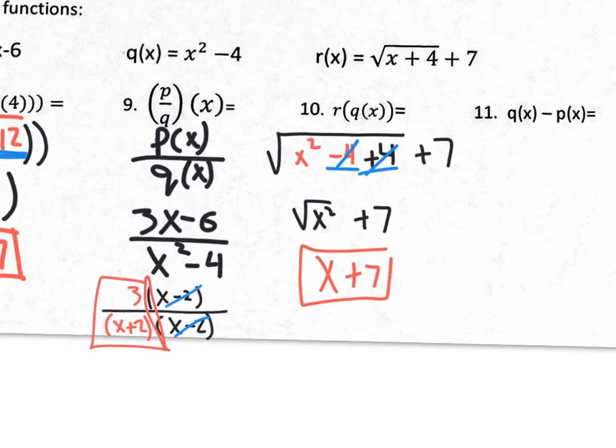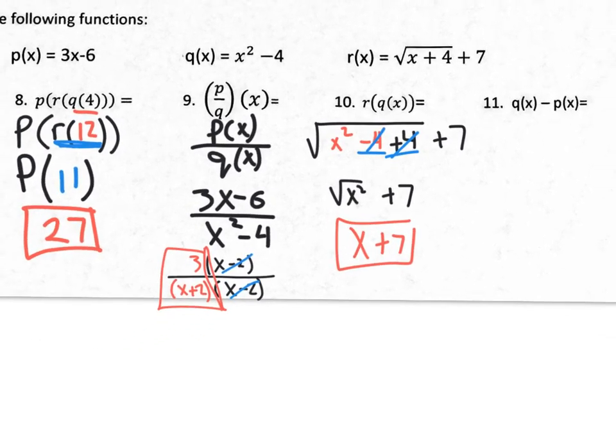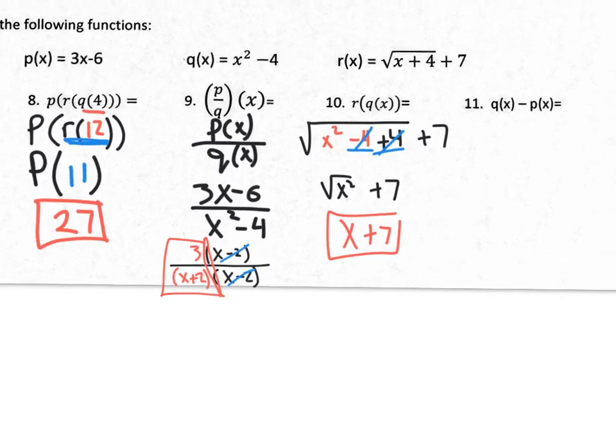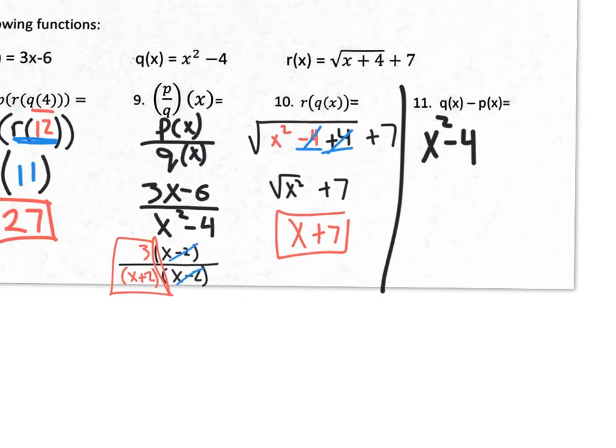And number 11 says q of x minus p of x. So that one's the easiest one, I think. Q of x is simply x squared minus 4. And p of x is 3x minus 6.